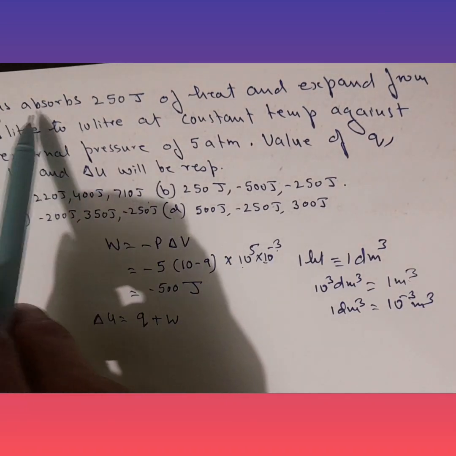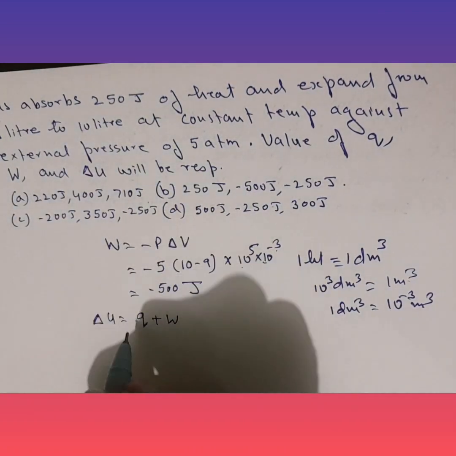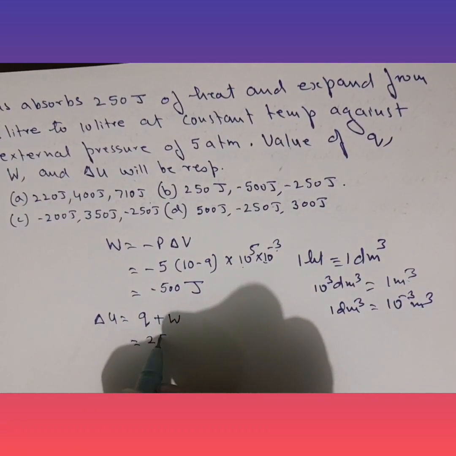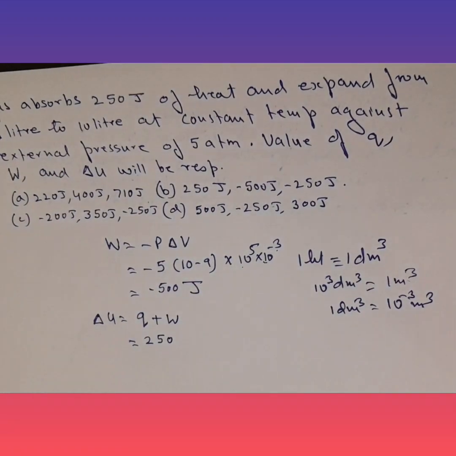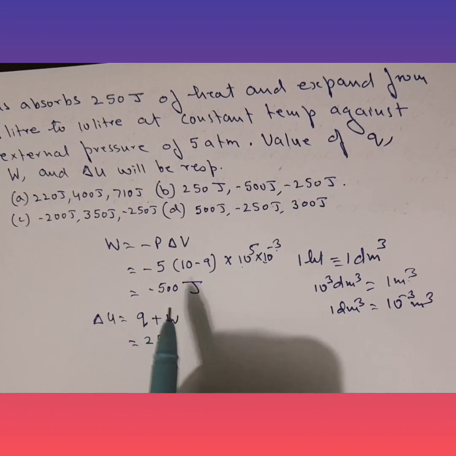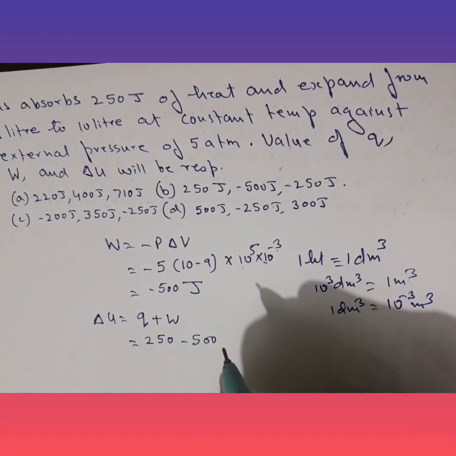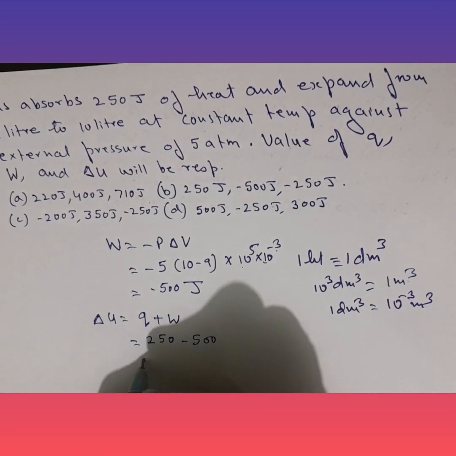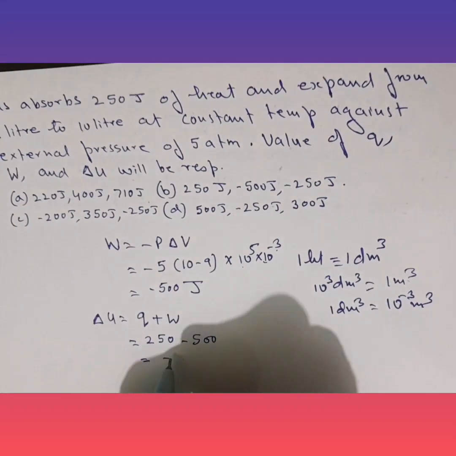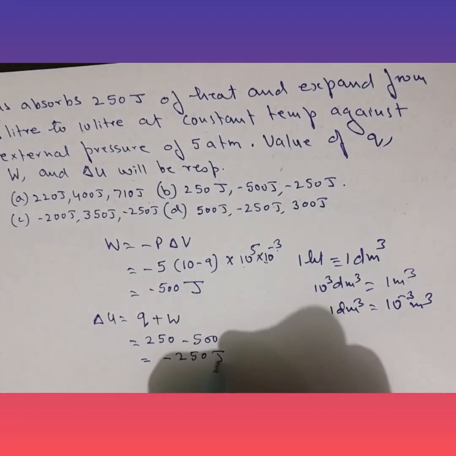They have already mentioned that heat absorbed is 250 joules, so I would jot down 250 joules, and the work that we found out was minus 500 joules. This entire thing is in joules, so ultimately we end up with minus 250 joules.